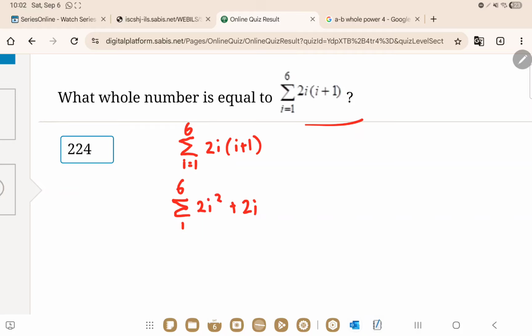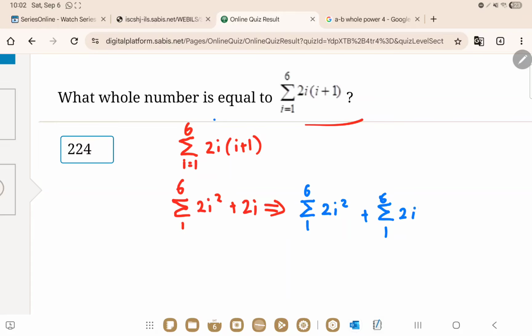Now, whenever you see this, you could separate it. What does that mean? You could make it become sigma from 1 to 6 of 2i squared plus sigma from 1 to 6 of 2i.